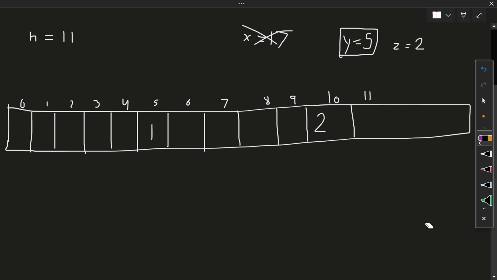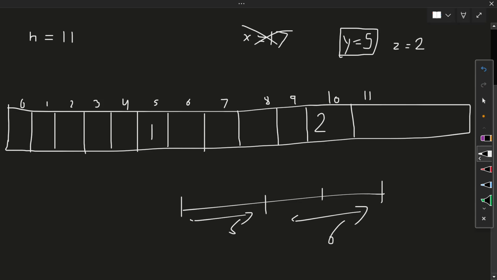What about 11? We cannot make 11 because if we make a cut at 5, 5, the remaining length is 6. For 6 we have 0 segments, so we cannot make this cut. So this is not possible.